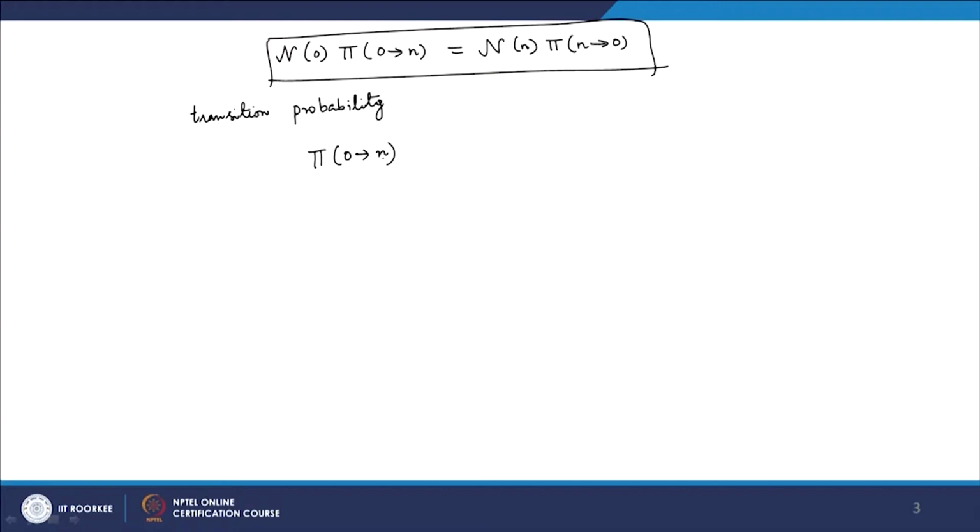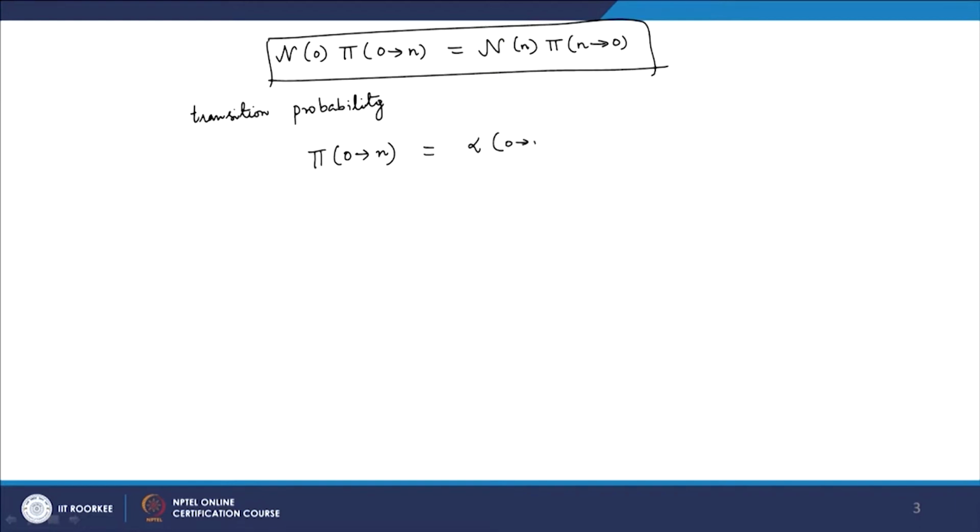So, the probability of going from O to N depends, in our algorithm, on how many trials we make that are going from O to N and how many of those trials I accept.